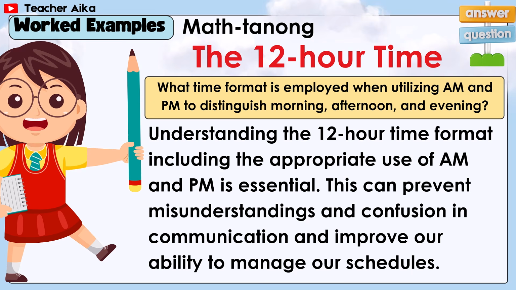Understanding the 12-hour time format, including the appropriate use of AM and PM, is essential. This can prevent misunderstandings and confusion in communication and improve our ability to manage our schedules.